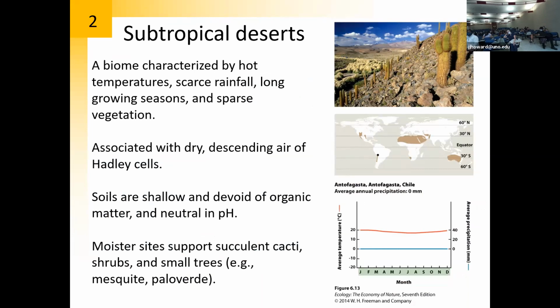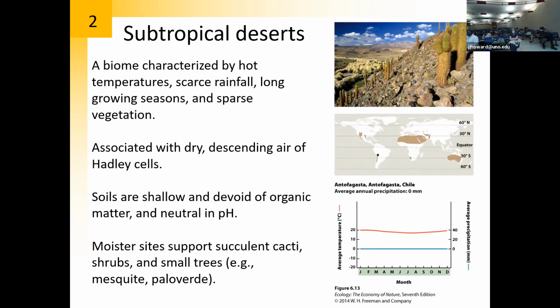You also have some kind of peculiar looking situations here where you only have desert on the west coast of South America and Africa. And over here, you have deserts kind of shifted to the west in North America also. We'll talk about why that is.